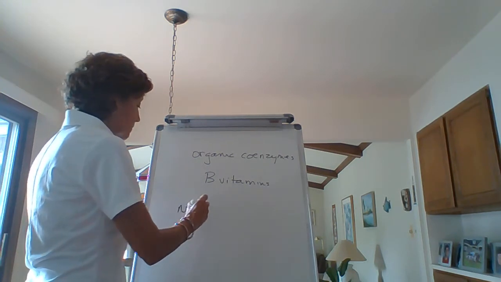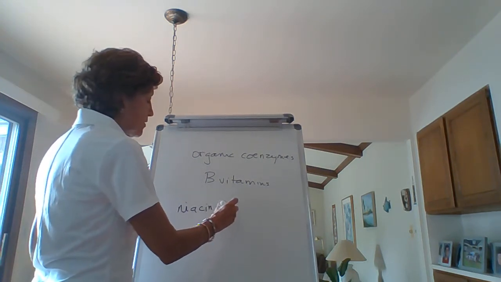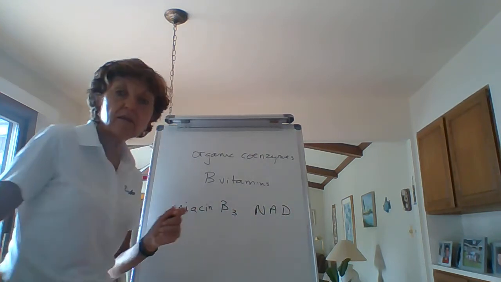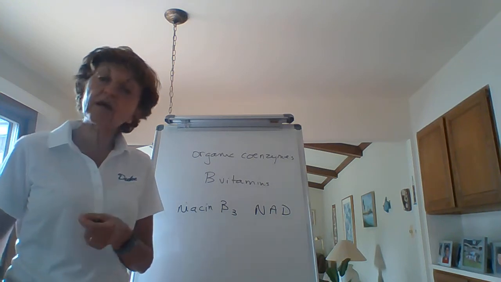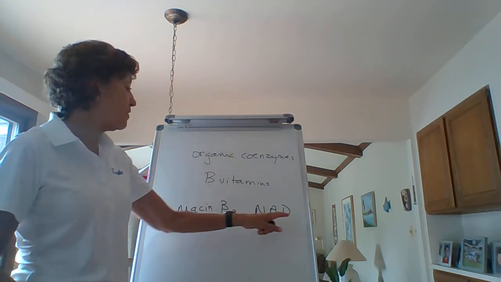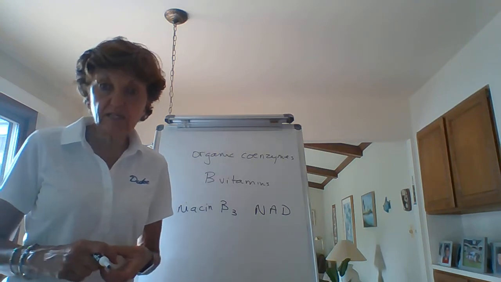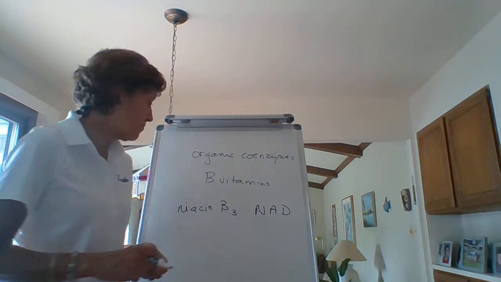Niacin, which is vitamin B3, is used to make NAD. NAD is called nicotinamide adenine dinucleotide. This is a coenzyme that you will see with a bunch of the dehydrogenase enzymes.